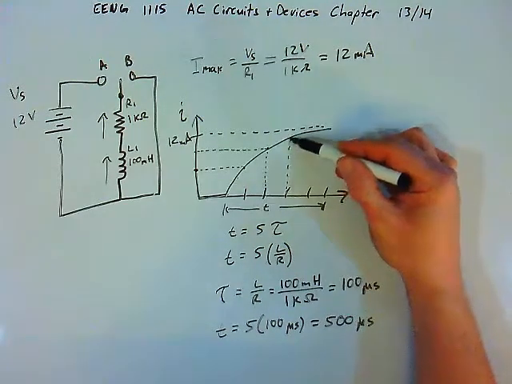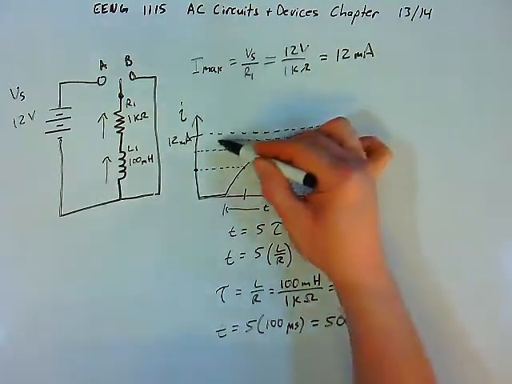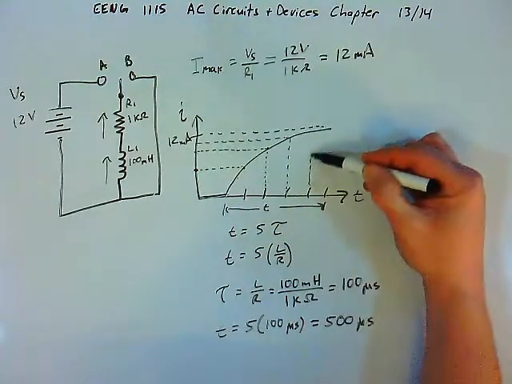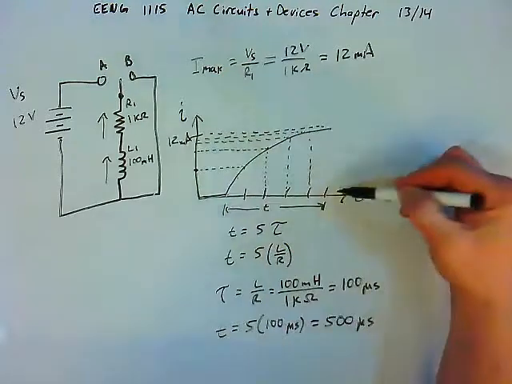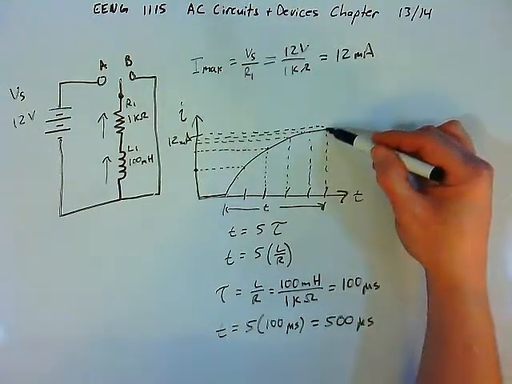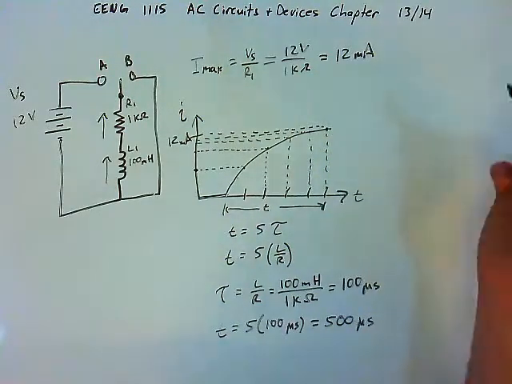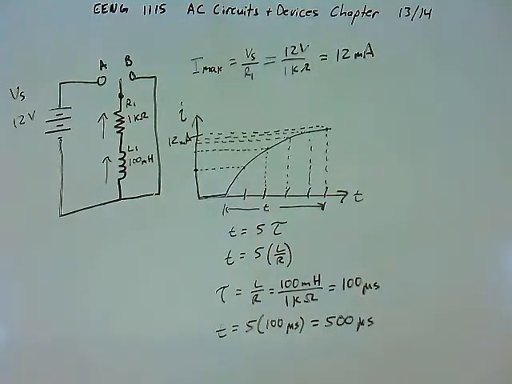After 3 time constants, we're even closer. After 4 time constants, we're very close. And after 5 time constants, we are essentially at 12 milliamps. Not quite, but very close. Close enough for us to consider 5 time constants to be the amount of time that it takes for the current to reach the maximum value.